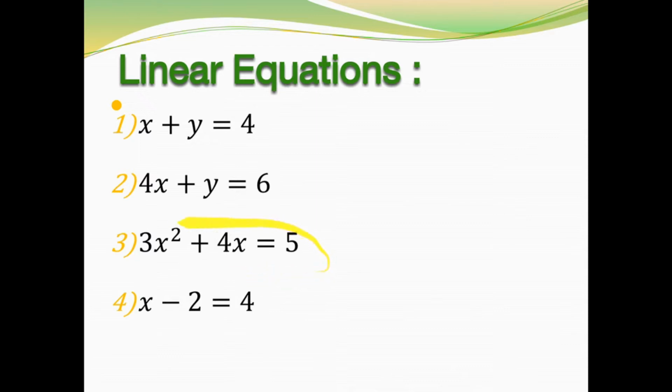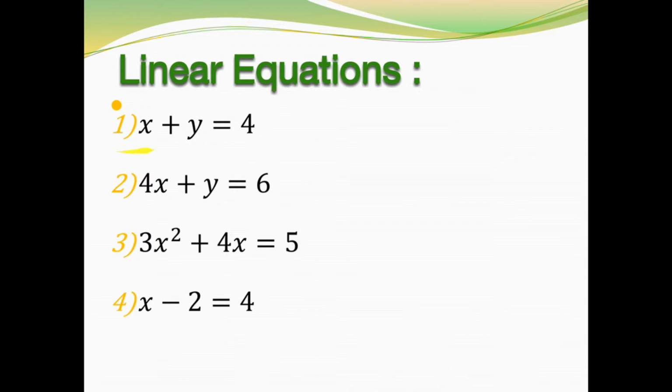So the maximum among 2, 1, 0 is 2, and the degree of this complete equation is 2. Is it clear? Actually, degree is not our main point, but to understand linear equations, you must know the concept of degree.